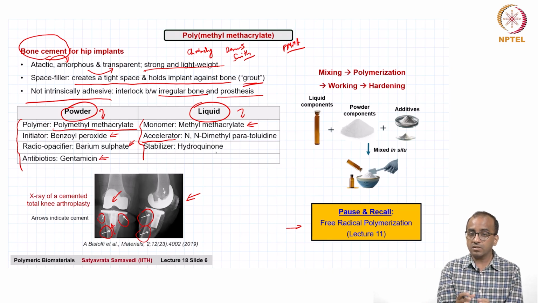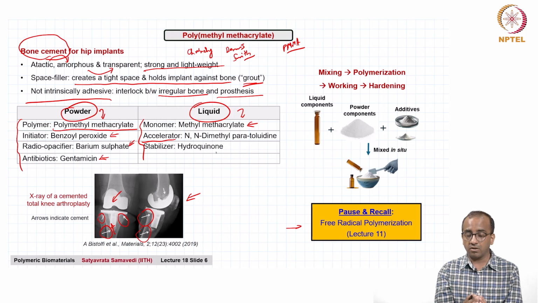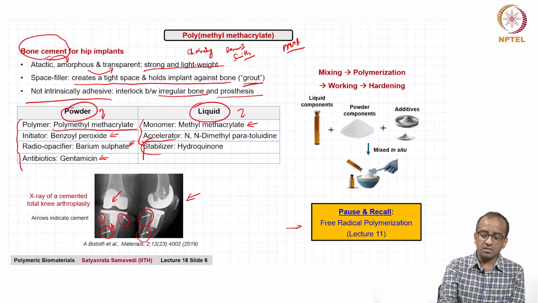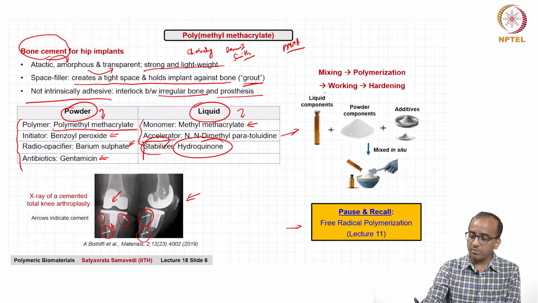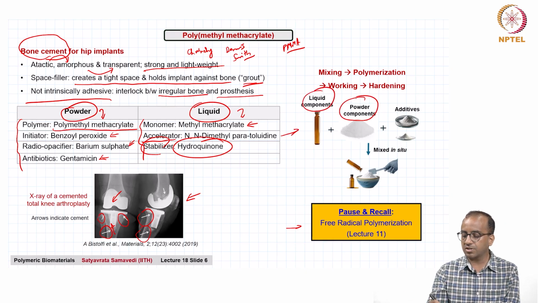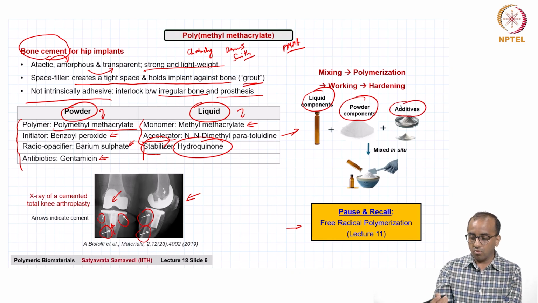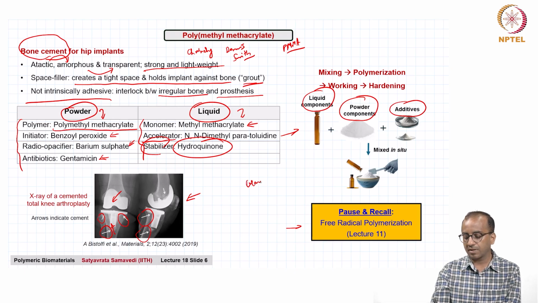Now, to ensure that this does not prematurely cross-link while still in the liquid state in the bottle, a stabilizer such as hydroquinone is added. So, shown here is a schematic of that process itself, where the liquid components are mixed with the powder components and additives could be added. So, one possible additive that could be added could be some kind of a ceramic, calcium phosphate for example.